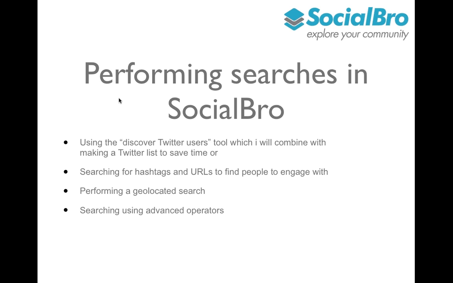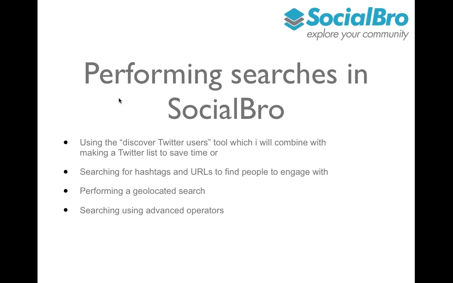And then we're going to move on to searches in SocialBro. Now, there are a number of different searches you can perform, including searching for users to follow and target using our Discover Twitter Users tool, or you can search for hashtags and URLs to find people to engage with.